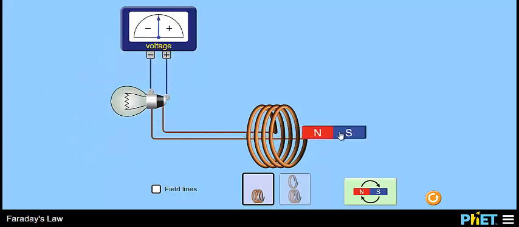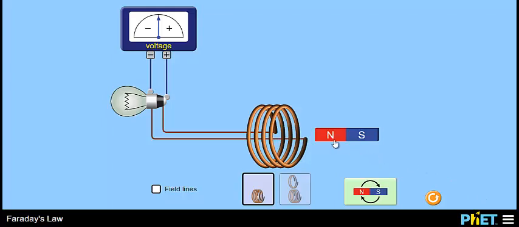Is there a difference in the lamp? When we moved the magnet faster, the lamp is brighter than when we moved it slower. A magnet can produce electric current if there is a magnetic flux change.